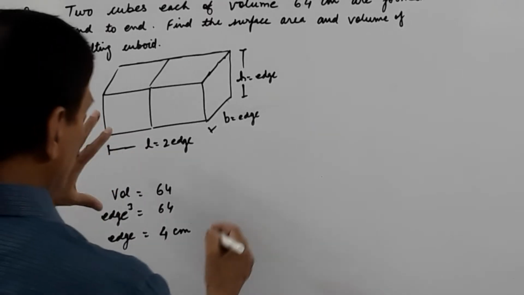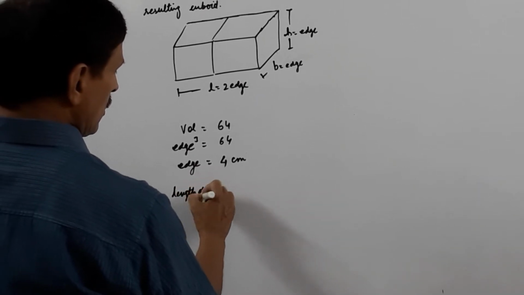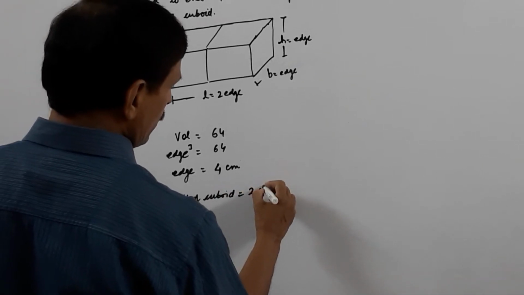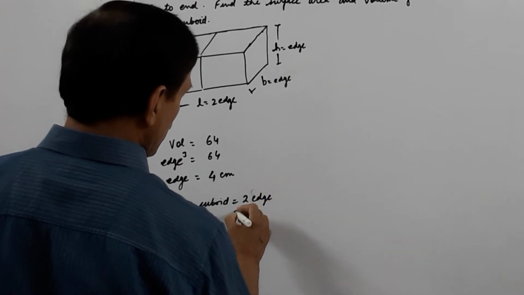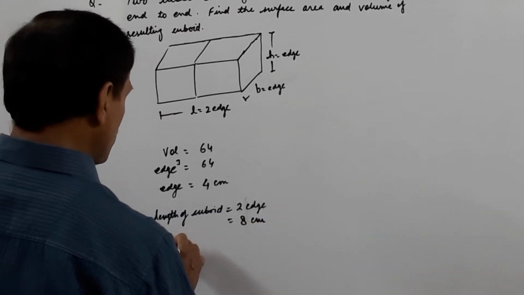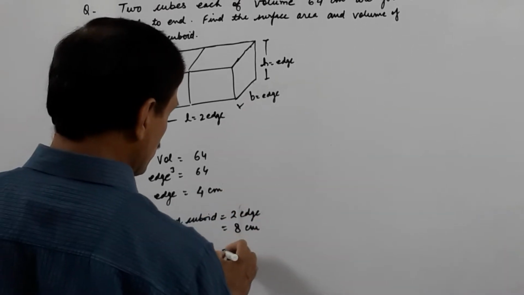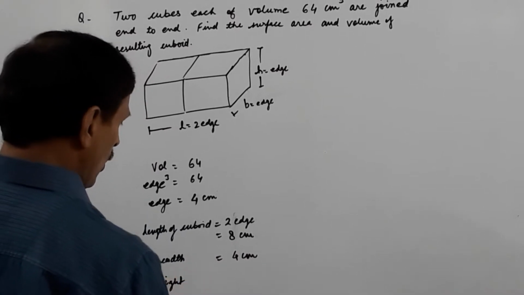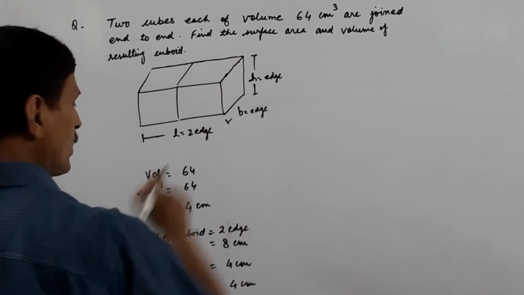Now length of the resulting cuboid is equal to twice of edge, and that is equal to 8 centimeter. Breadth is equal to edge, and that is equal to 4 centimeter, and height of the cuboid is equal to 4 centimeter, which is also equal to edge of the cube.